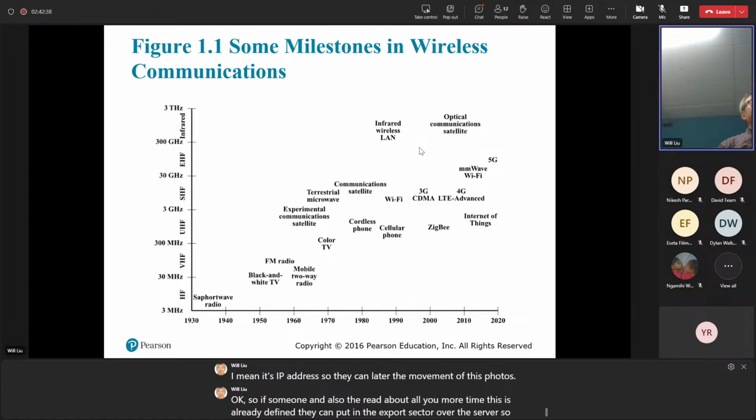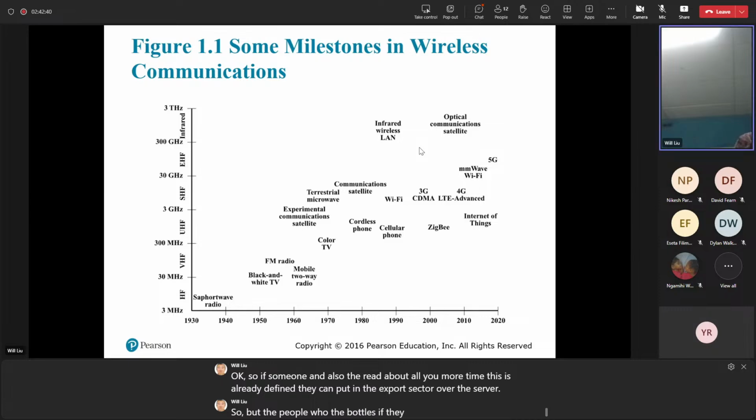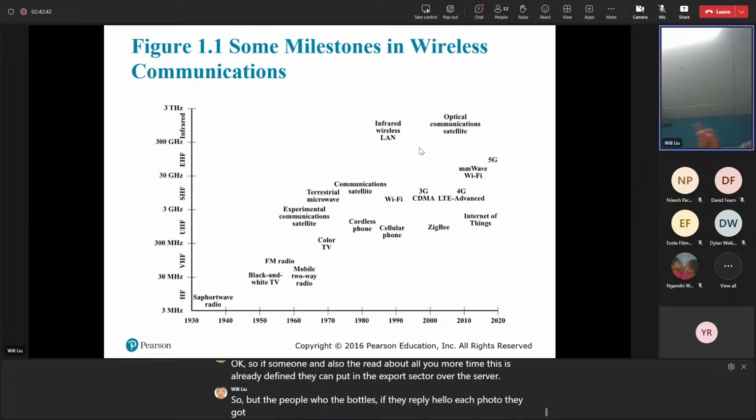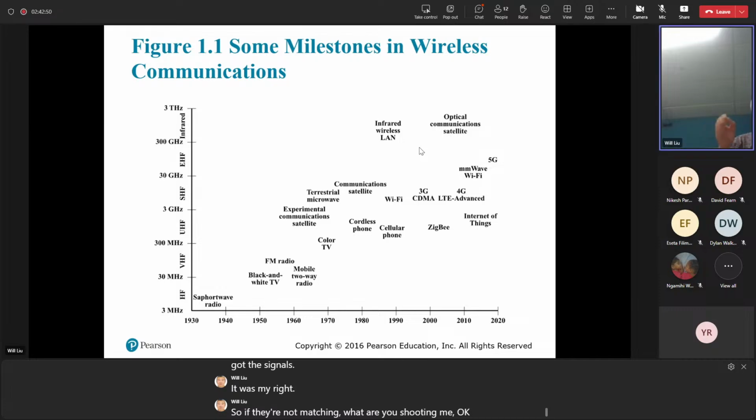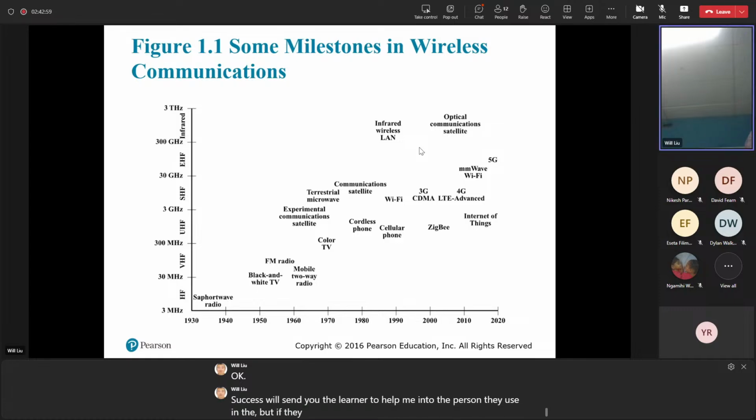So when people move the bottles, for each bottle they can send different signals to the server for each bottle I moved. If they are not matching what you should take, the system will send an alert. The alert can go to the person taking the medicine, but if they are too old and cannot manage well, usually they can send it to their support.